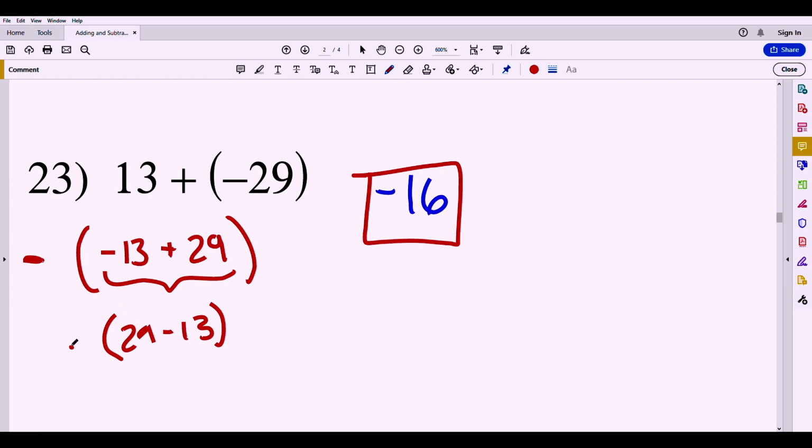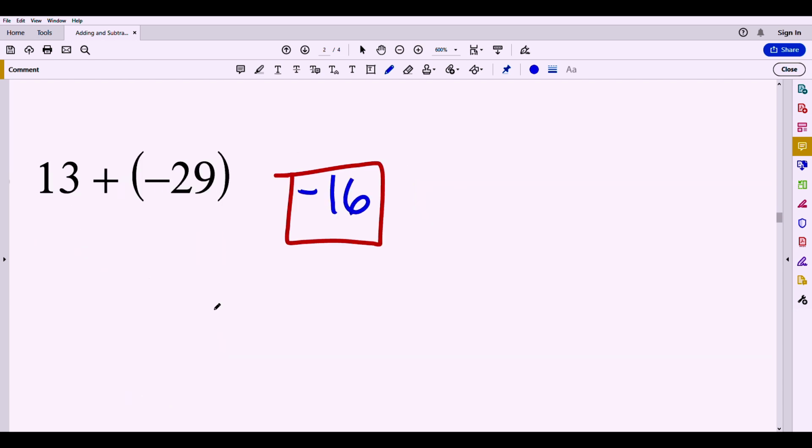And remember, I flipped that sign because I did the opposite. 29 minus 13 we know is a positive 16, so as opposed to a positive 16, we have a negative 16. And you can see that if I were to redistribute, the negative of negative 13 is positive 13, and the negative of a positive 29 is a negative 29. So I would have 13 plus negative 29, just like my original problem.